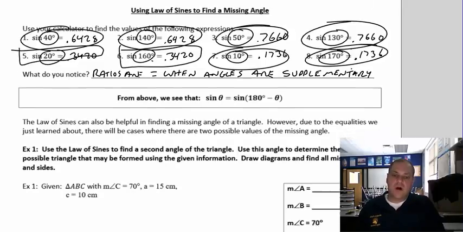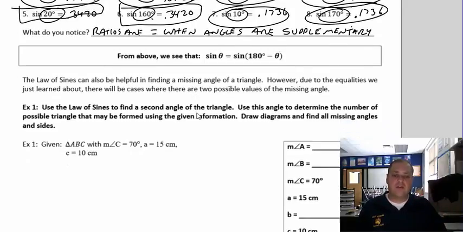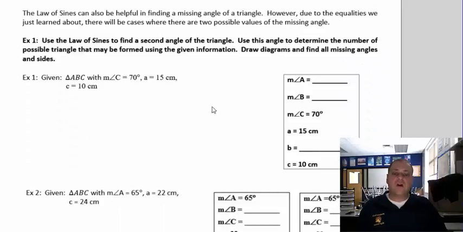All right, so from the above, we can see that the sine of theta is equal to the sine of 180 minus theta. That's something you need to know: an angle and that angle subtracted from 180 are going to have the same exact sine. So what this does is it messes up the law of sines a little bit for us.